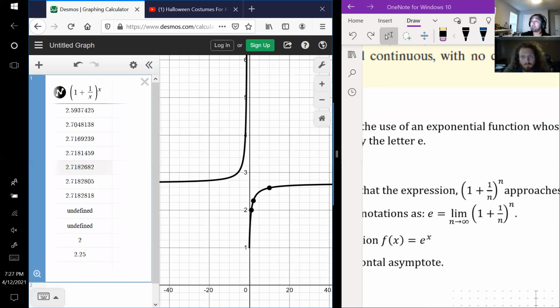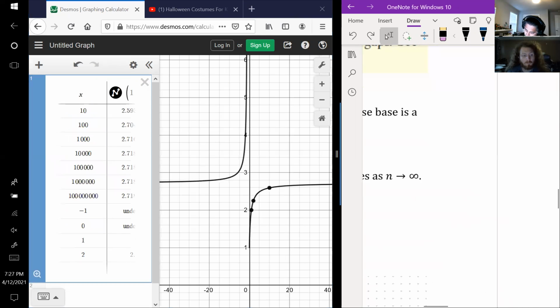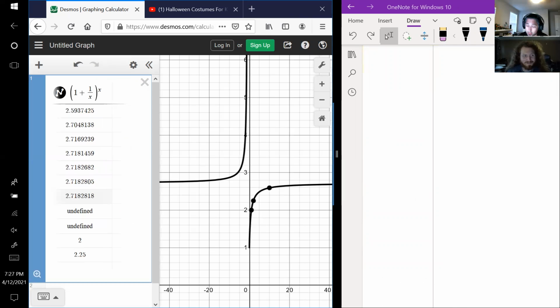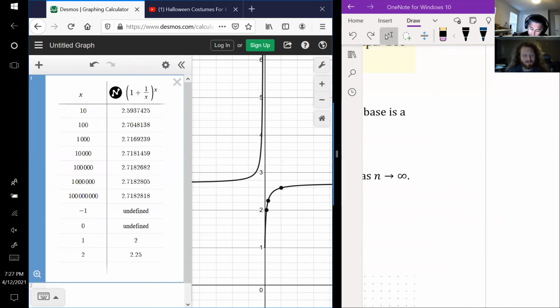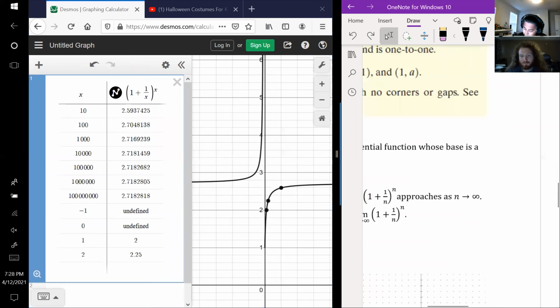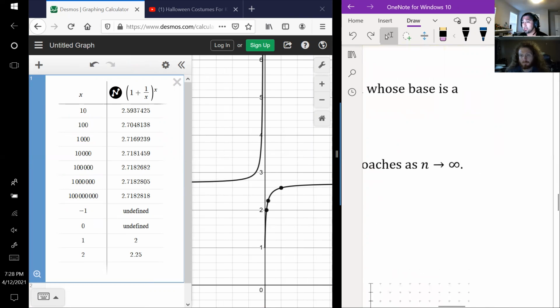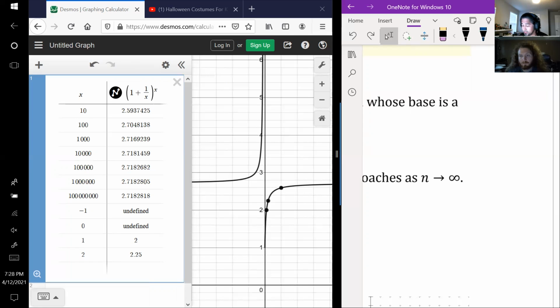Now look at my y values as x gets larger and larger. What is the common decimal number that you guys keep seeing? To about 3 places. 2.71. 2.7.